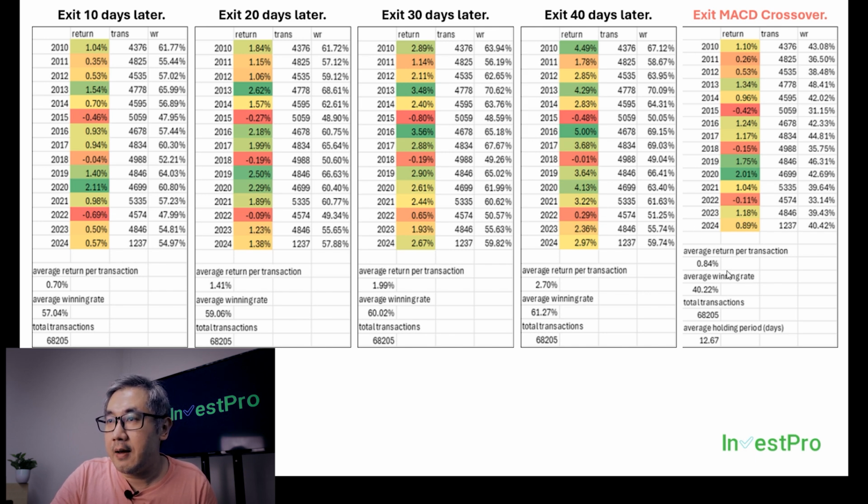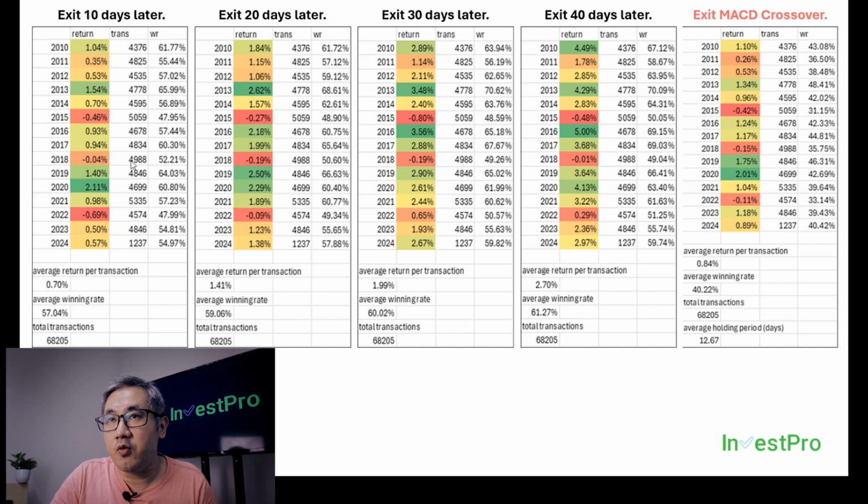But if you consider the expected value, meaning you multiply the average return per transaction 0.7 times the winning rate 57%, and the average return per transaction here 0.8 times 40.22%, then you know the winner is exiting 10 days later because it gains higher expected value.